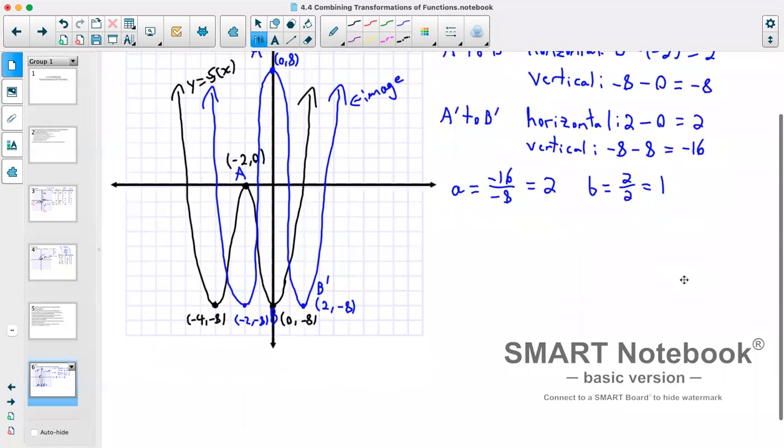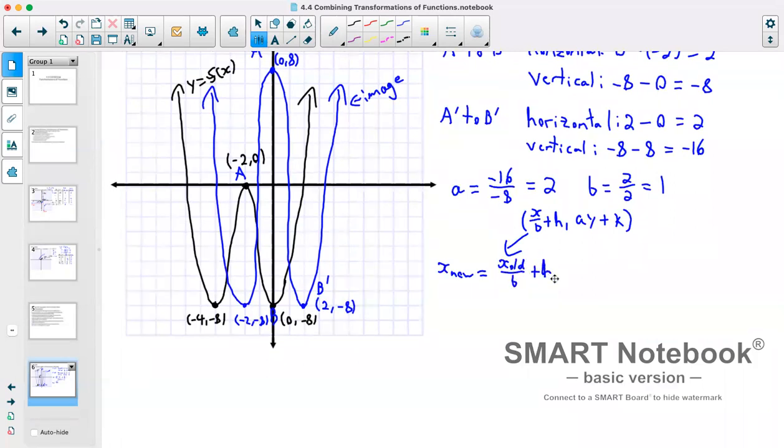At this point, what we're going to do is take our coordinate equation, so x over b plus h comma ay plus k, and essentially split that into two separate equations. So we know our new x is equal to our old x divided by our b value plus h, and our new y is equal to our a value times our old y plus k.